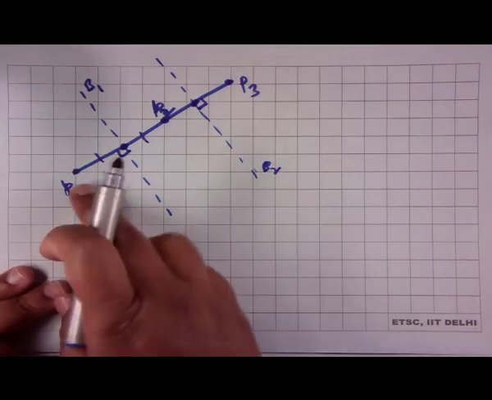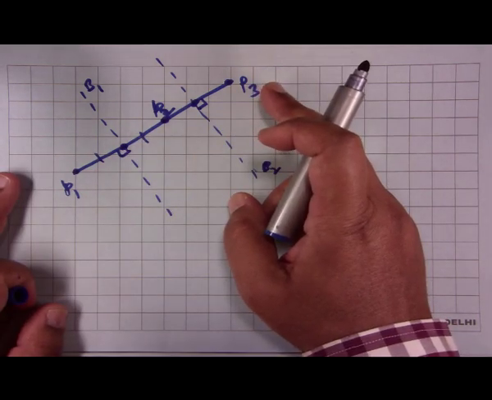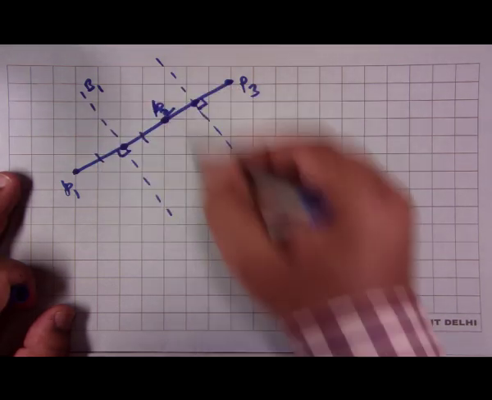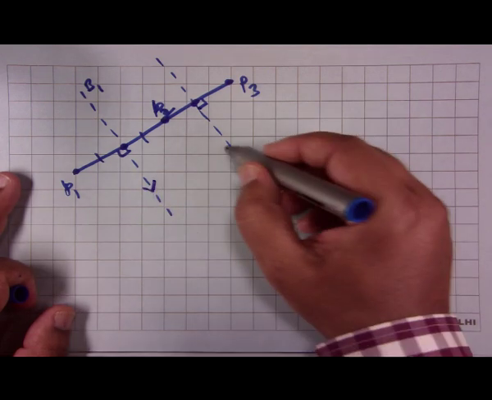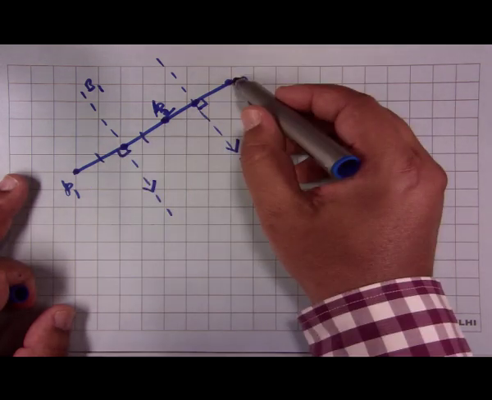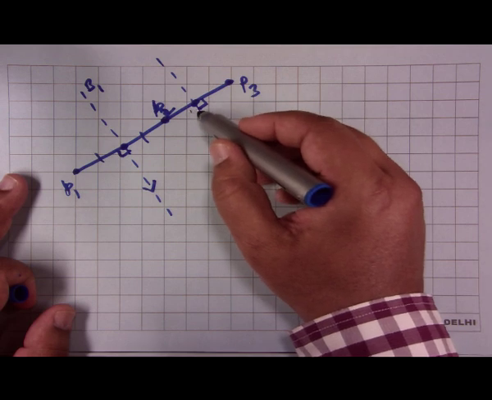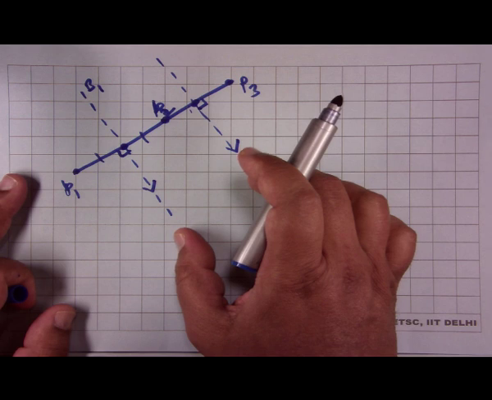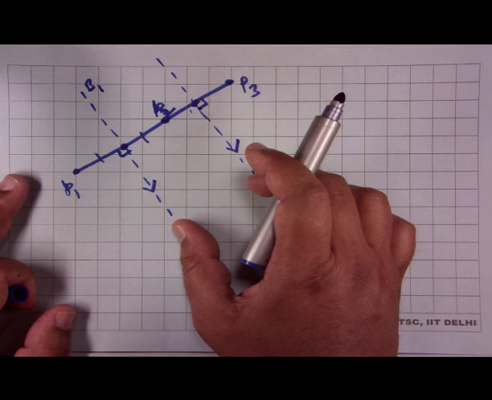But because P1, P2, P3 lie on the same straight line, it is very easy to see that both the perpendicular bisectors are parallel to each other, because we have a straight line here and this is 90 and this is also 90, and hence these two perpendicular bisectors are parallel, and therefore they will never intersect.